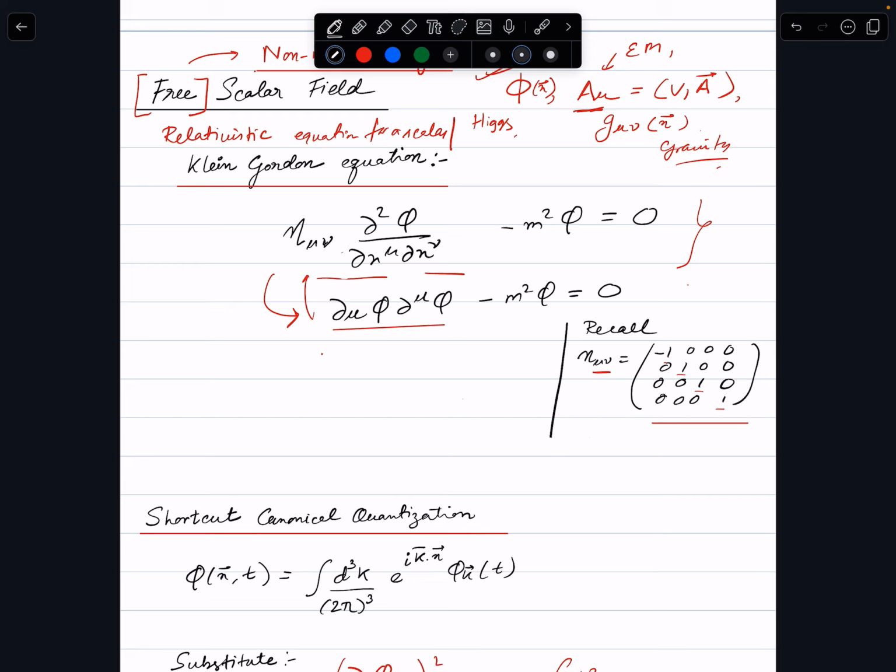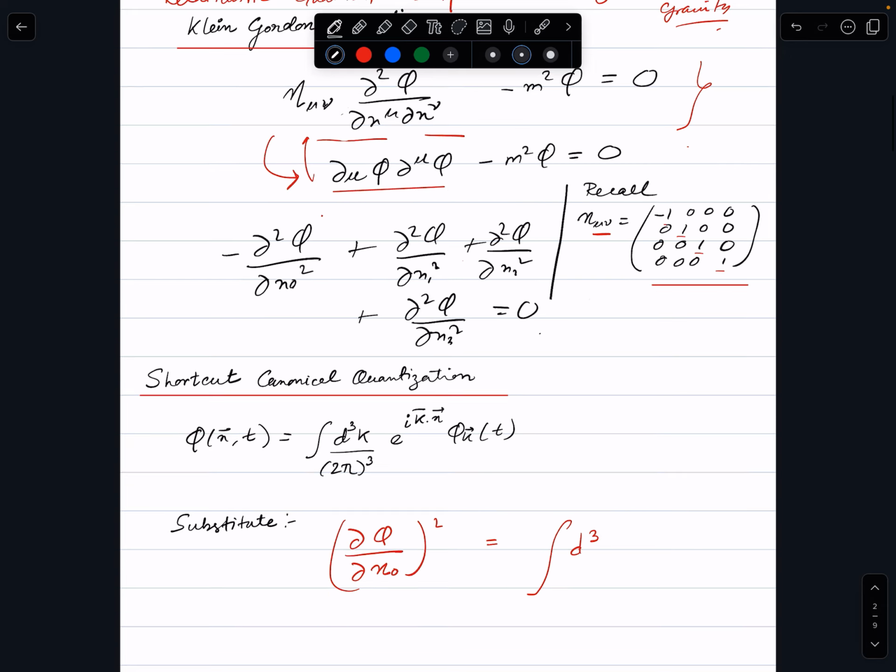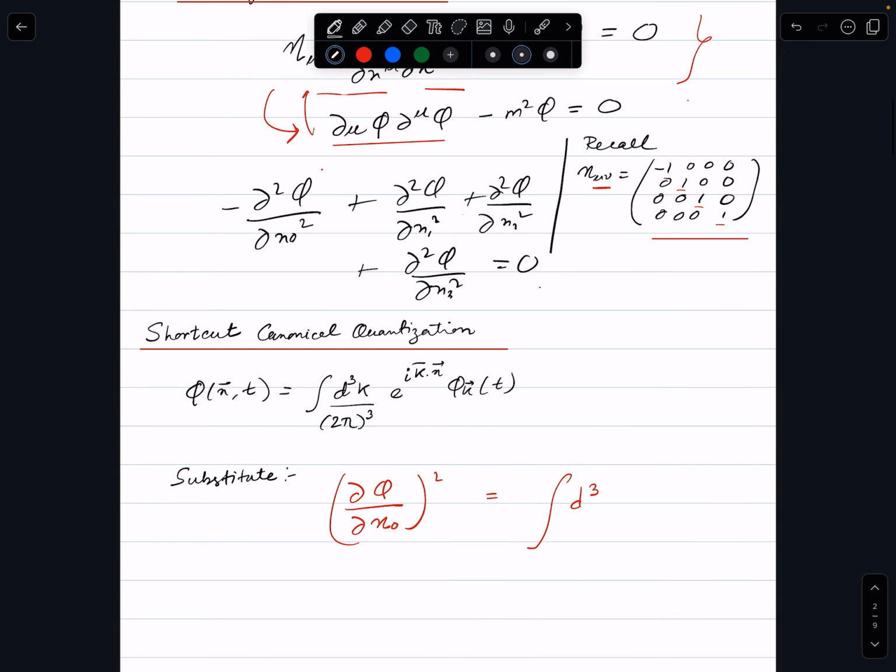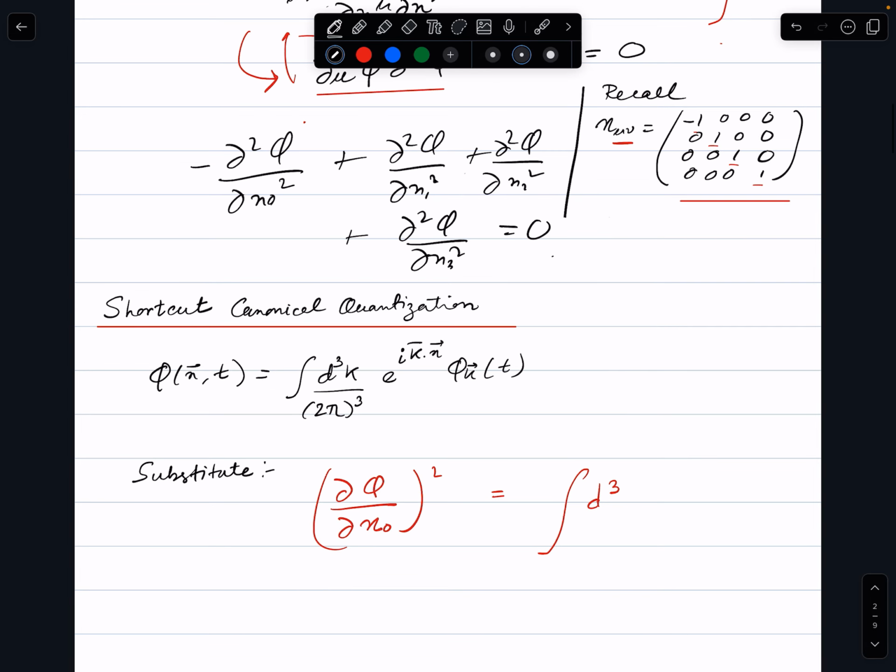So this is really minus del 2 phi del x naught 2 plus del 2 phi del x 1 square equal to 0. Sorry, that was my mistake. This is the equation, minus m square.